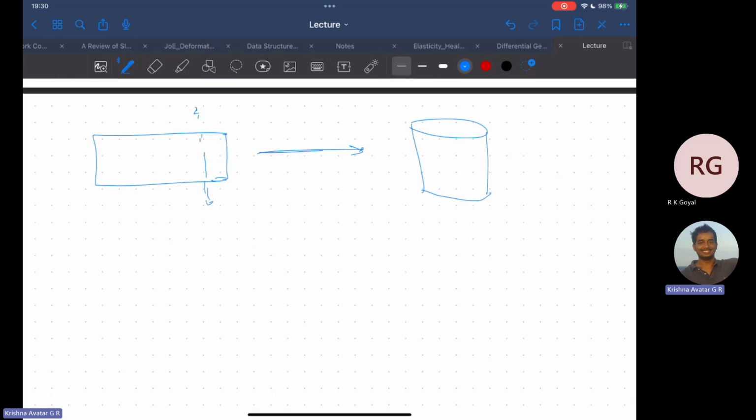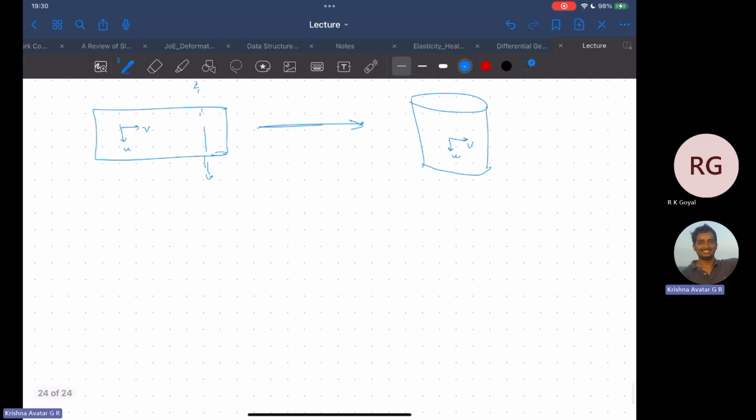So here, let our parameterization be like this is u and this is v, and in the circular case as well, to be consistent, let's take this as v and this as u. So likewise, this is u, v, right?